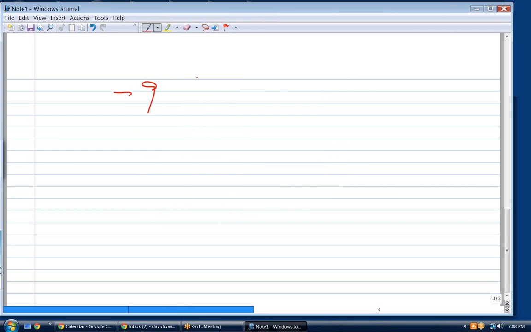I'll just go through these. That is same base, different exponents.